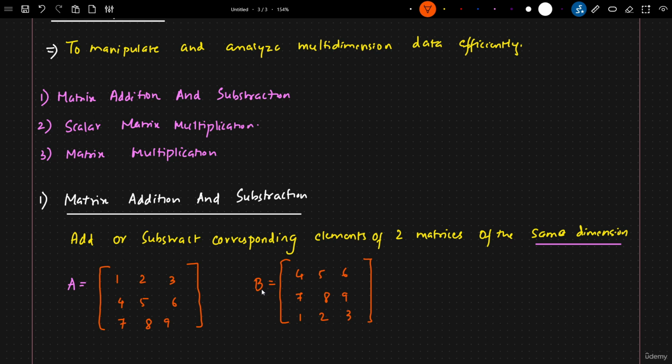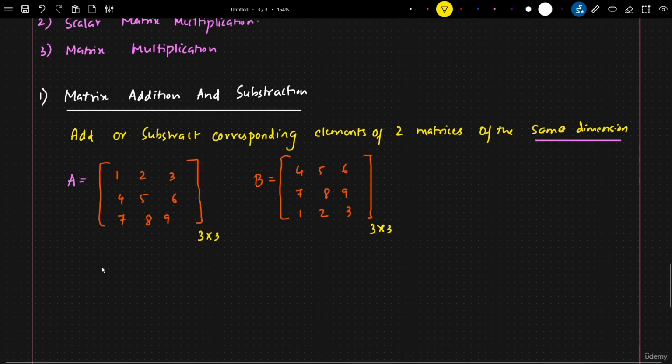Now over here, first of all, we'll check whether we will be able to perform addition or subtraction, right? So first we'll see whether the matrices are of the same dimension. Here we can see it is a 3 cross 3 matrix, which means 3 rows and 3 columns. Similarly, this is a 3 cross 3 matrix, which is 3 rows and 3 columns.